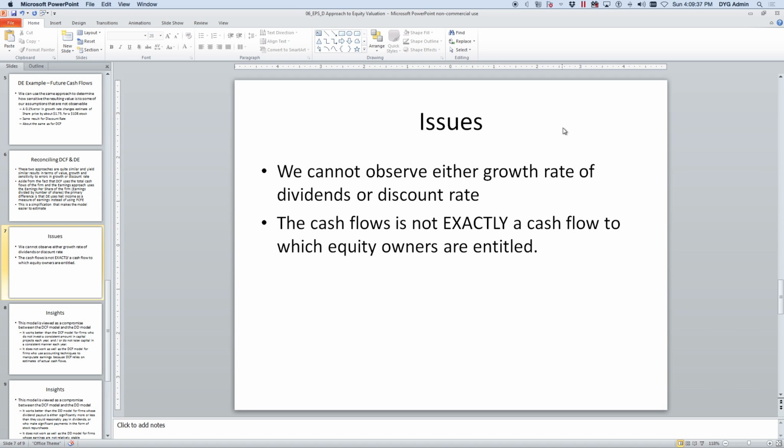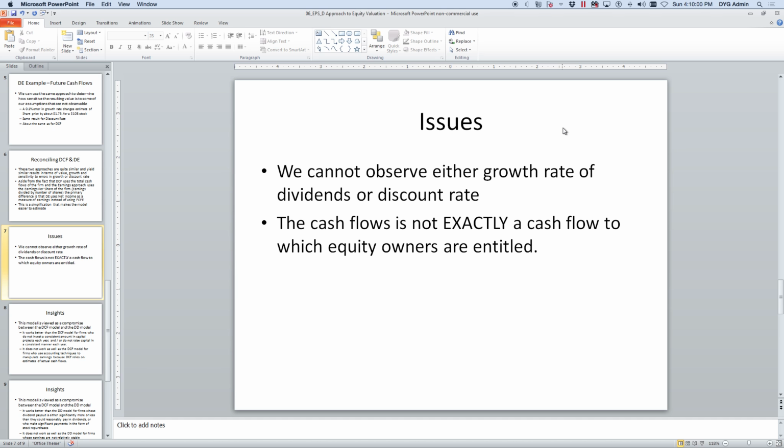So, what are the issues? Well, obviously, just like with the dividend discount, you can't observe the growth rate or the discount rate. You can see earnings, those are published. You can see analyst estimates of future earnings for the next year, but you still don't know what the earnings for years beyond that are.